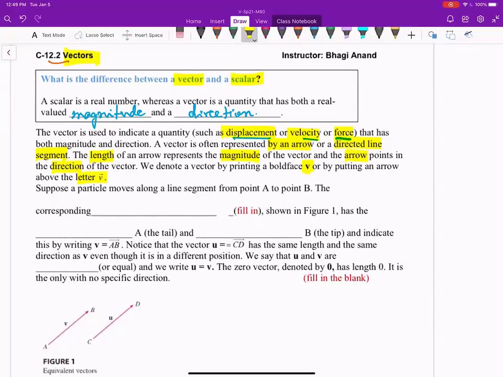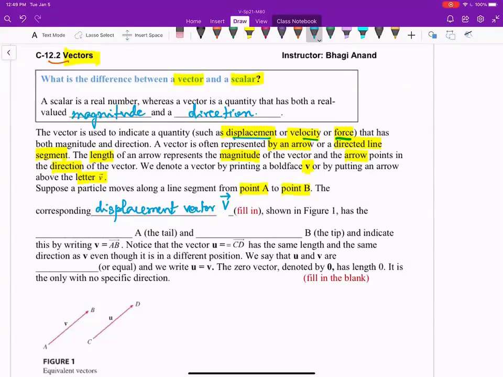Suppose a particle moves along a line segment from point A to point B, then the corresponding displacement vector V is shown in figure 1.